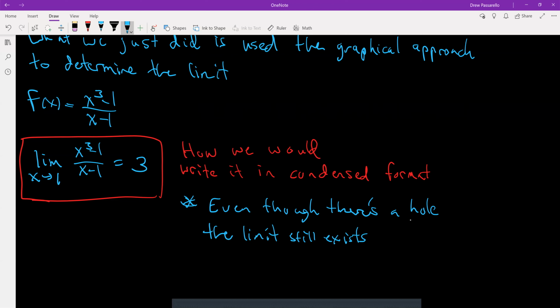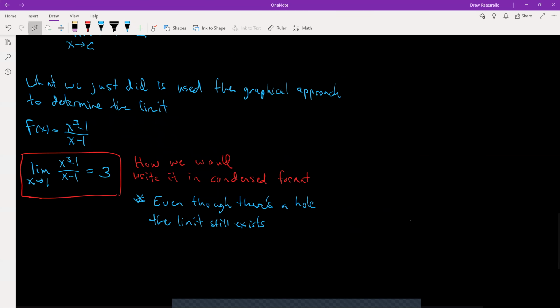Right, and again, a limit is a description of the behavior of the graph, or behavior of the function.